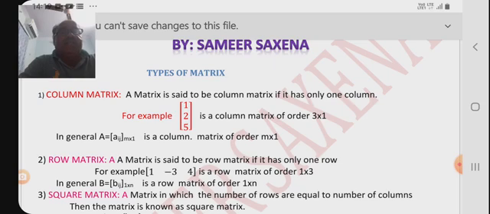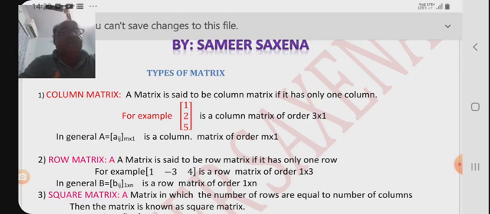Now our second matrix is row matrix. Similarly, a matrix is said to be a row matrix if it has only one row. ऐसी मैट्रिक्स जिसमें एक ही रो हो, कॉलम कितने ही हो, रो मैट्रिक्स कहलाती है.